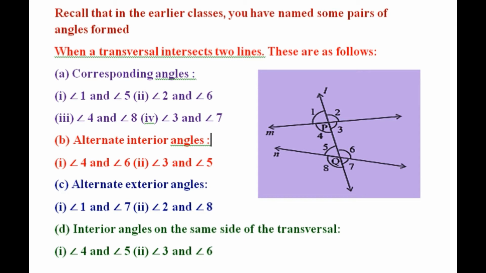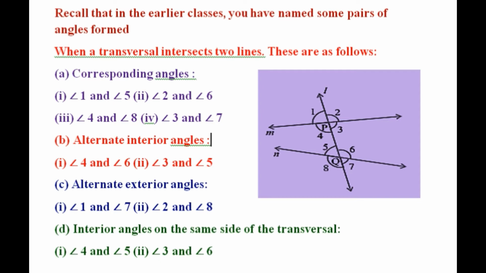In the center you have the transversal line, on one side angle 3, on the other side angle 5. These two are alternate angles, and since they are inside the lines, interior angles. So angle 3 and angle 5 are called alternate interior angles. In the same way you have alternate exterior angles, that is angle 1 and angle 7, and angle 2 and angle 8 are called alternate exterior angles.